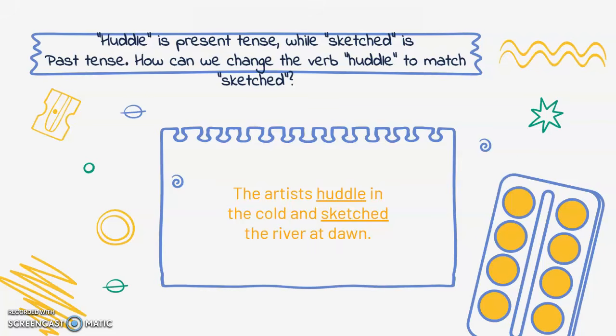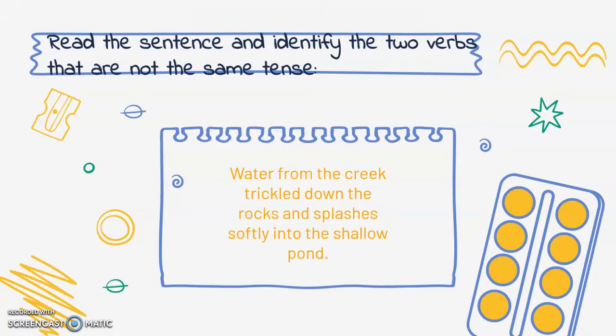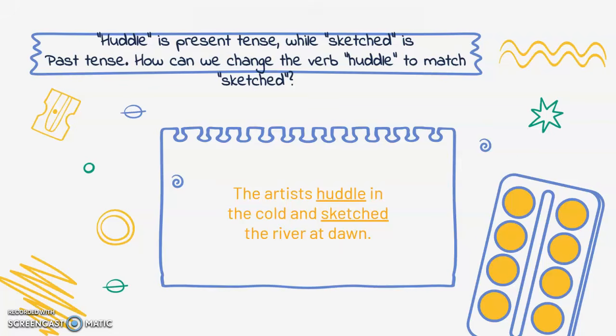How do you think we can change the verb huddle to match the past tense of sketched? You should have chosen the artists huddled, ed. The artists huddled in the cold and sketched the river at dawn. Both verbs are matching and both verbs have the same verb tense.